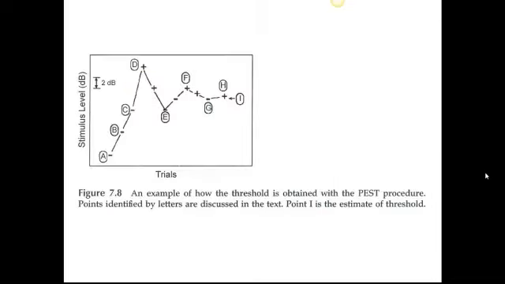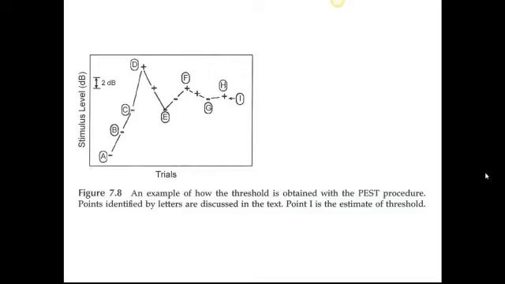So here's an example of how the threshold was attained with the PEST procedure. The points are identified by letters. They're discussed in the text, and actually that paper, in fact, all of the papers that I'm discussing are in your interactive module, so they are available for you. So you can see there they're showing the 2 dB step size, and you can see how some of the steps were larger than others.